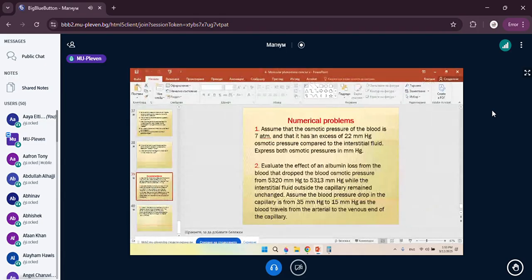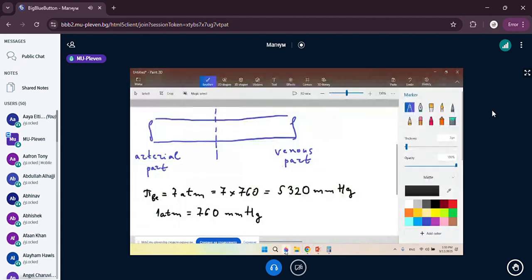So see here, blood osmotic pressure is by 22 millimeters of mercury bigger than that of interstitial fluid. So thus we can write that the osmotic pressure of the interstitial fluid is this minus 22. This we can write directly.